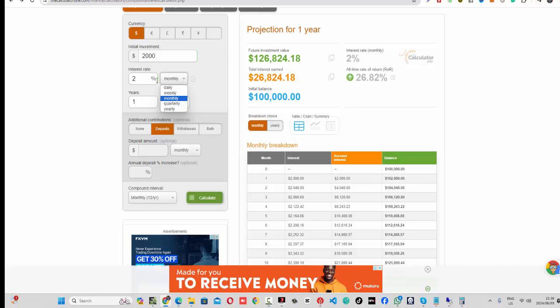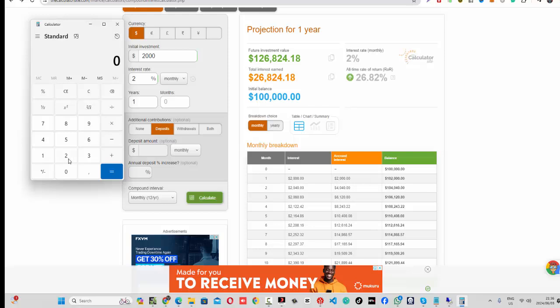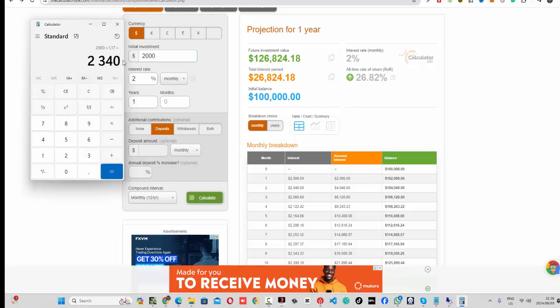How will I calculate this? Okay, we can use calculator for this. It's not a big deal. So let's say $2,000 multiplied by 117%. That is $2,340.